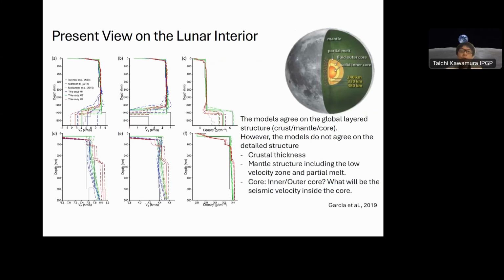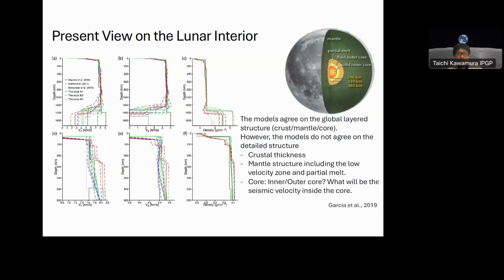Here I'm showing you the current understanding of lunar internal structure. If you see a figure like the one at the top right, you might think we know the internal structure of the moon very well, but this is not exactly the case. The left figure is a summary of the best effort we have made to understand the internal structure of the moon.